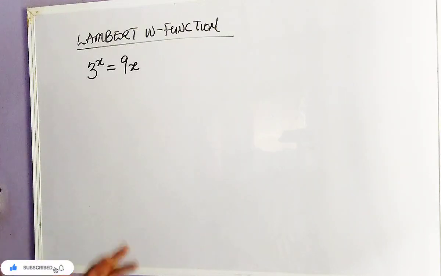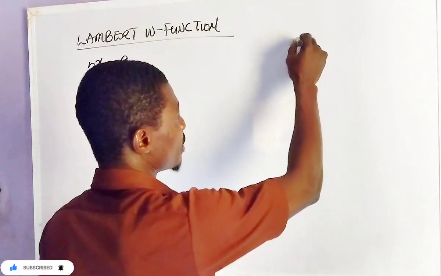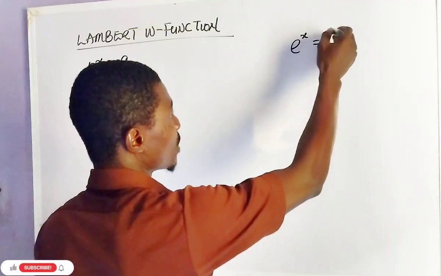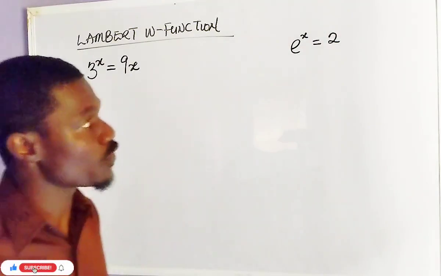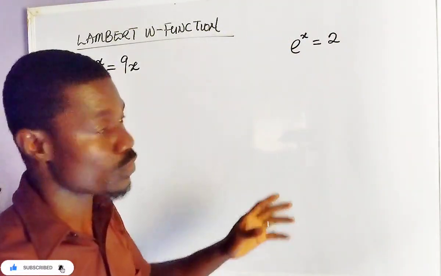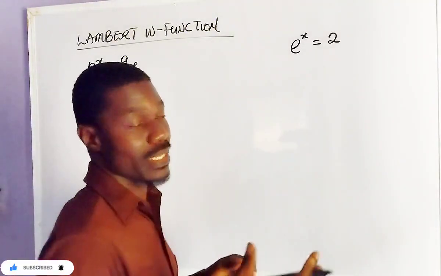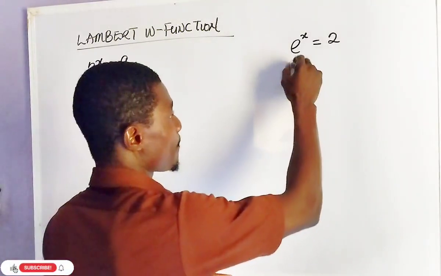Now let's take for example, we have e to the power of x equals, let us say, 2. For us to find the value of x here, what we need to do is apply the ln, which is the natural log, to both sides.